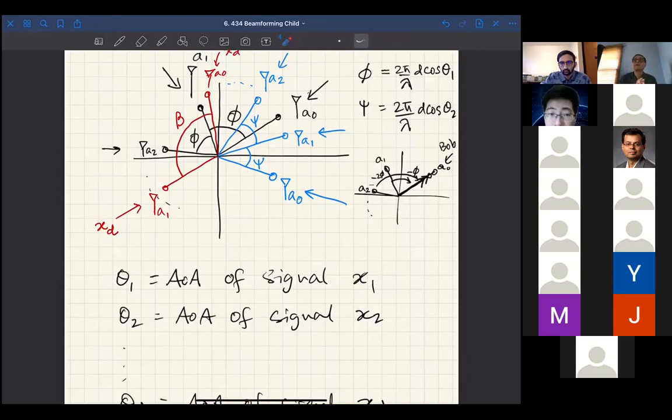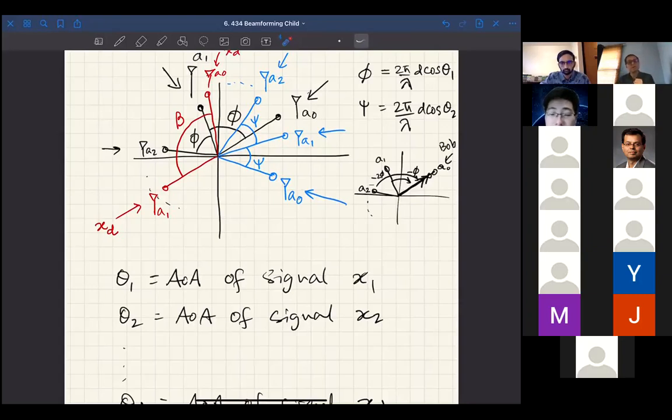Oh, for other directions, your phase shift is wrong, right? Right. For the main looking direction, your phase shift is correct. For other directions, the phase shift is wrong.